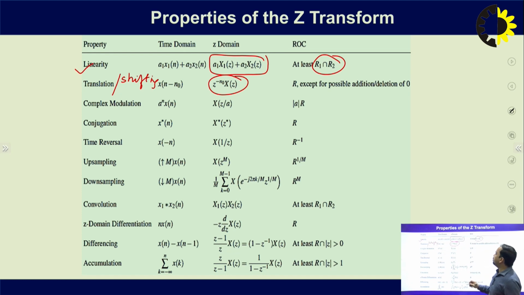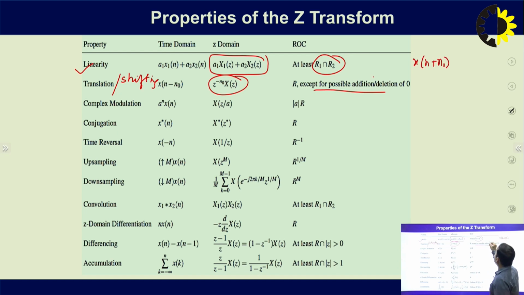Due to this z raised to minus n naught, we are adding a pole at z equal to 0. At z equal to 0, it will make this transform infinity. So the ROC is R except for the possibility of the addition or deletion of 0. We need to check clearly. If we have plus, definitely x[n plus n naught].